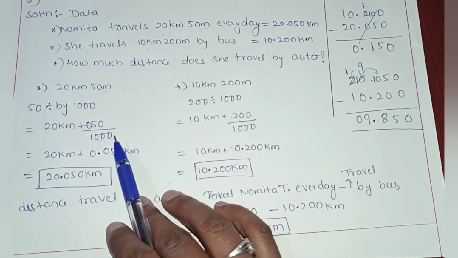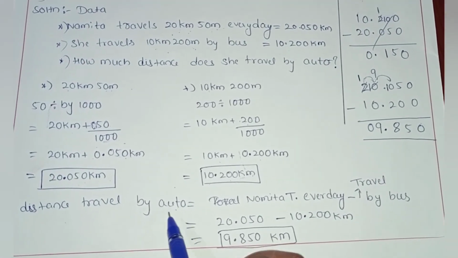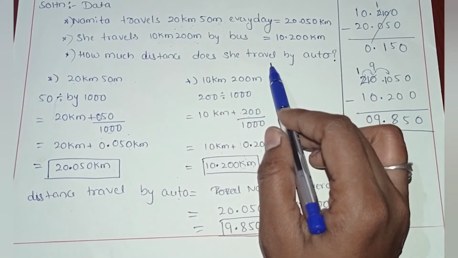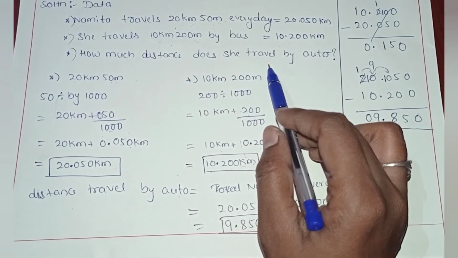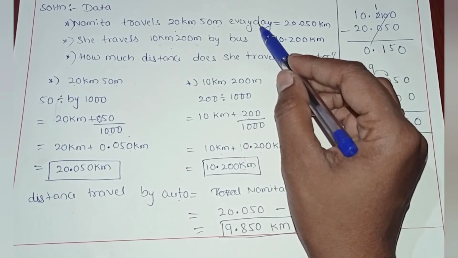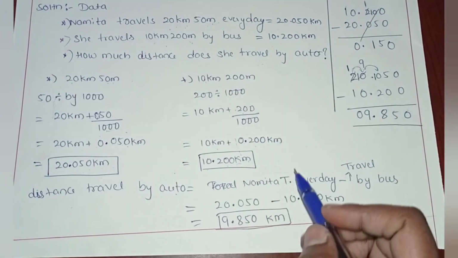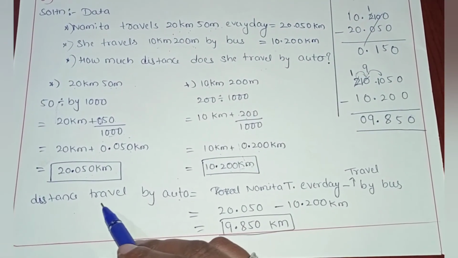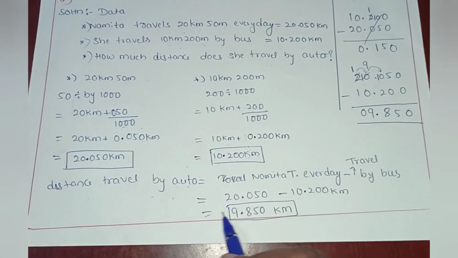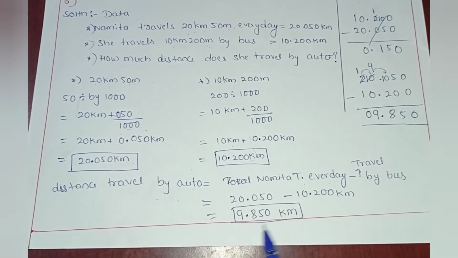Now what we have to find out? Distance traveled by auto. See children, to calculate the distance traveled by auto, what we have to do? Yes, we have to minus the total kilometers traveled by Namita in a day minus the distance traveled by bus, right? So Namita travel every day minus travel by bus.